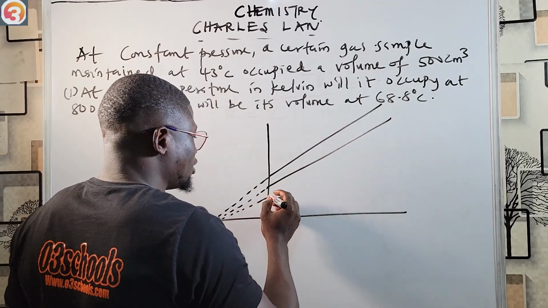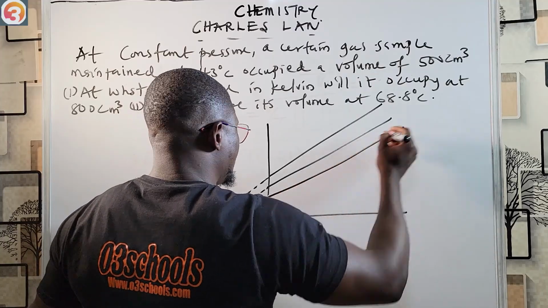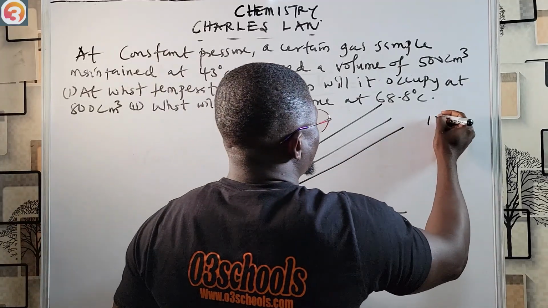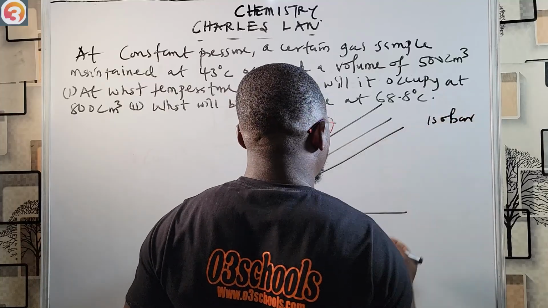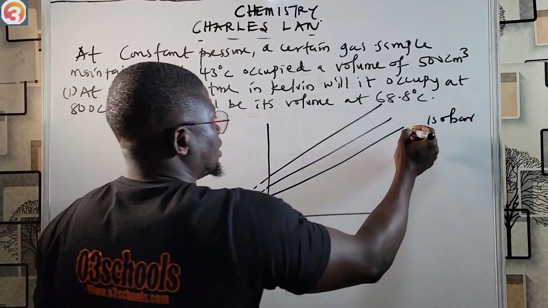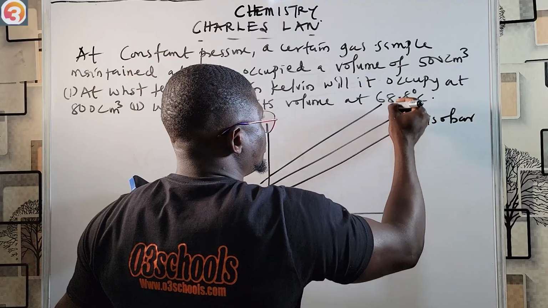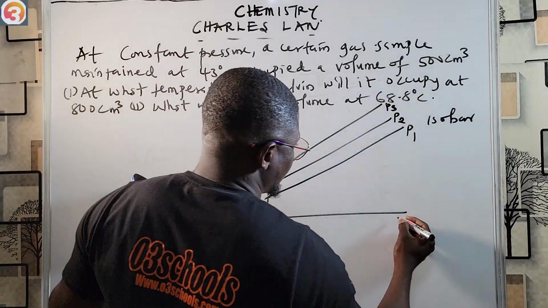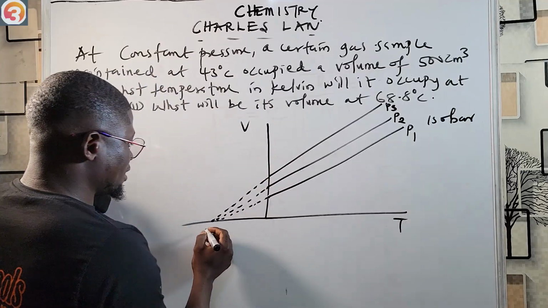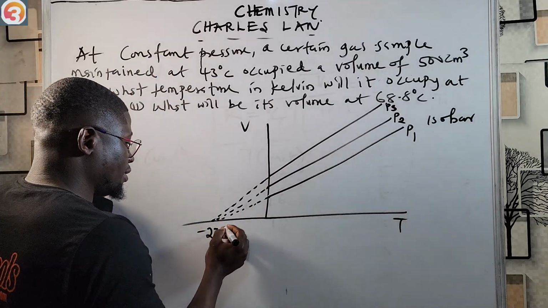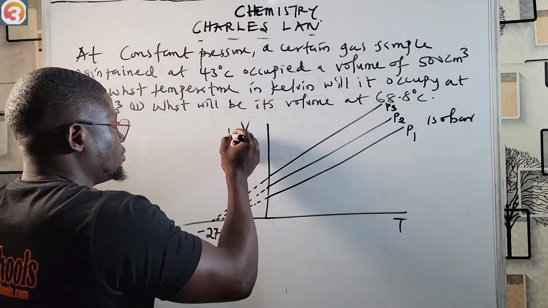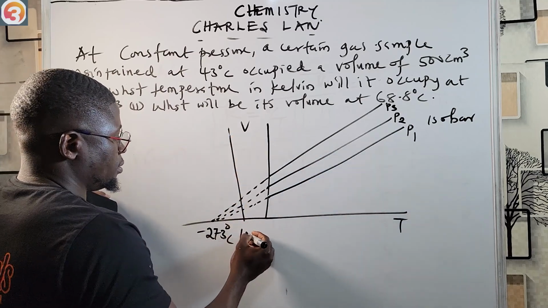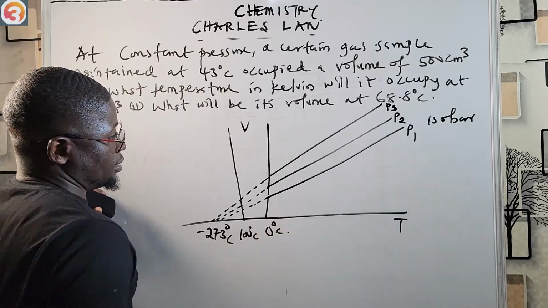It's a straight line isobaric graph. Let's call these lines P1, P2, P3. This axis is V, and this one is T. This is minus 273 degrees Celsius, and somewhere here should be 100, and here is 0 degrees Celsius.